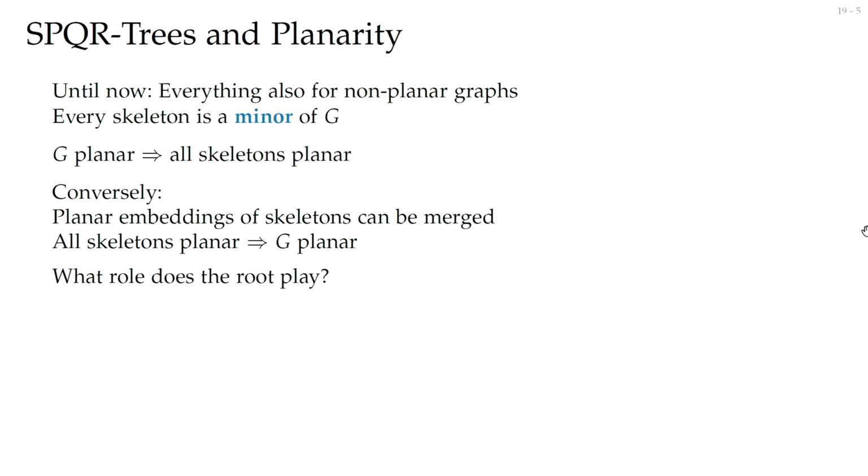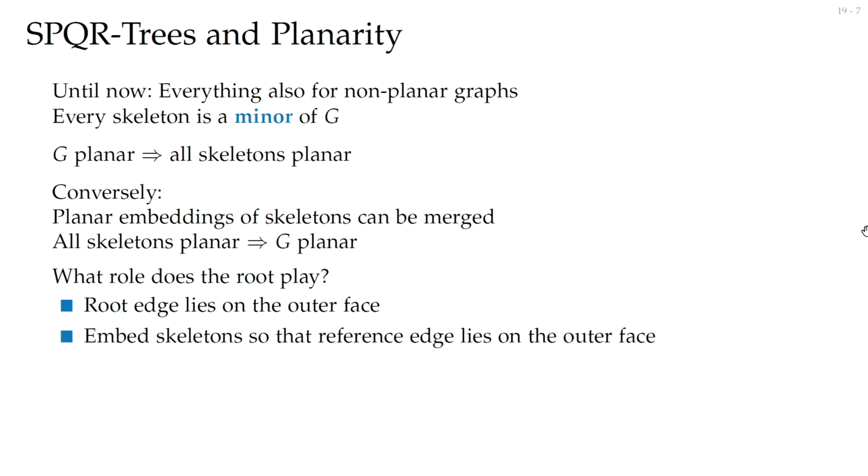And like I said, we start with some edge. That's the root. And the root will always lie on the outer face. And whenever we go down the tree, we also always have to make sure that this fake edge, the reference edge we have, is embedded on the outer face, because there we have to glue our component into the rest of the graph. If it's not outside, then this does not work.